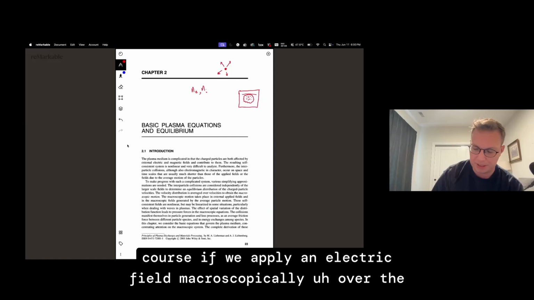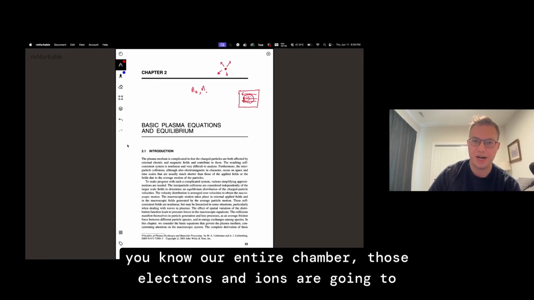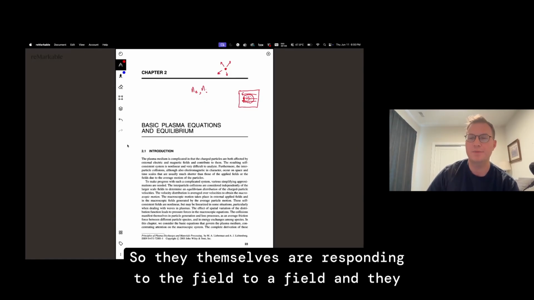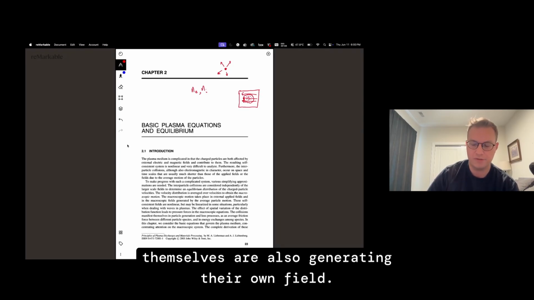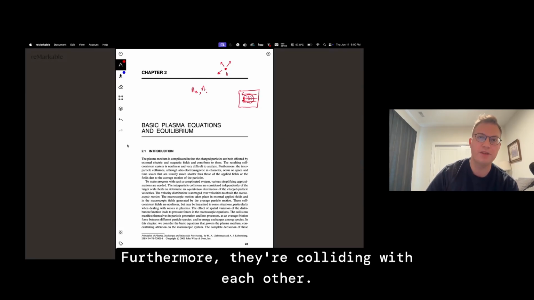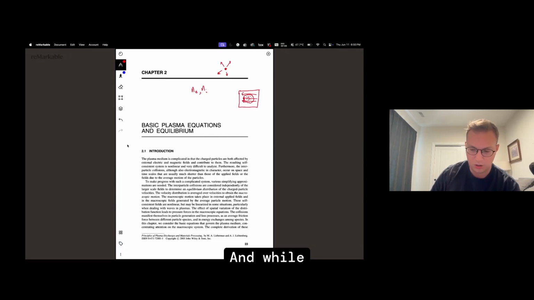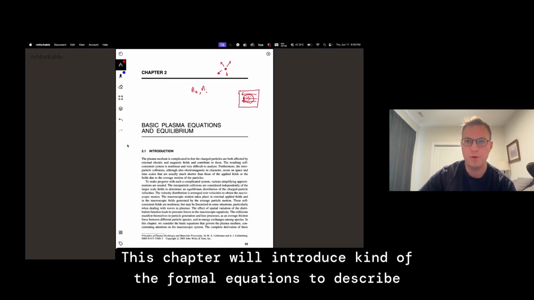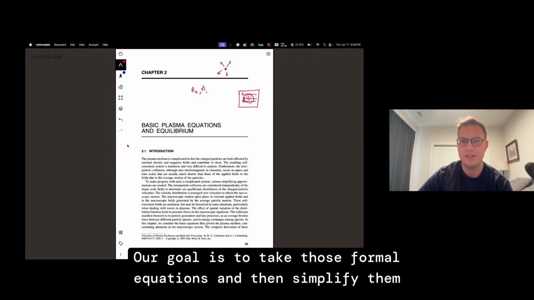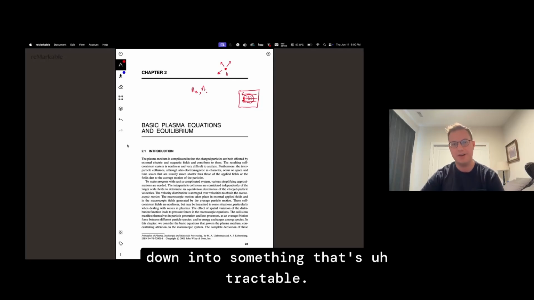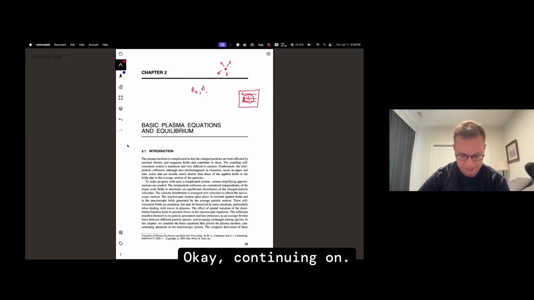But of course, if we apply an electric field macroscopically over our entire chamber, those electrons and ions are going to respond to that field. So they are responding to a field, and they are also generating their own field. Furthermore, they're colliding with each other. All that is to say, it makes a difficult problem. And while this chapter will introduce the formal equations to describe it, our goal is to take those formal equations and then simplify them down into something that's tractable.